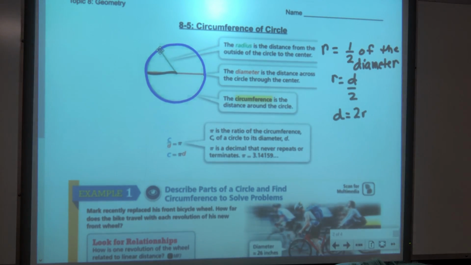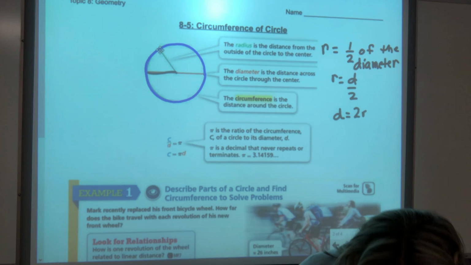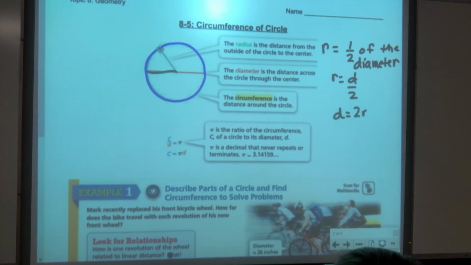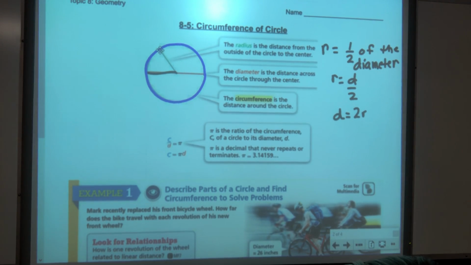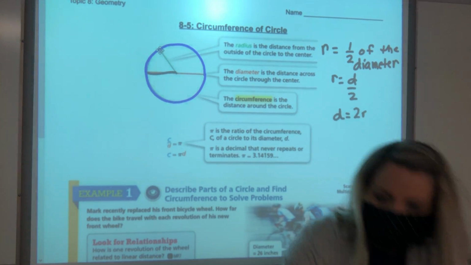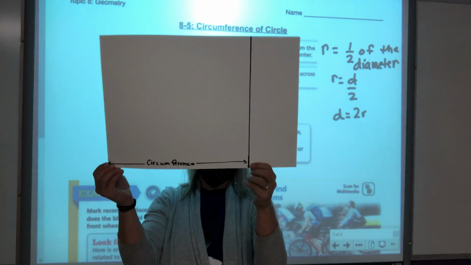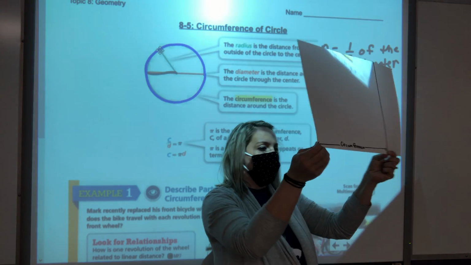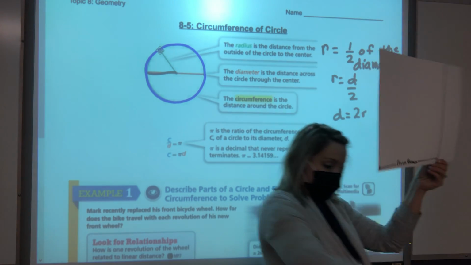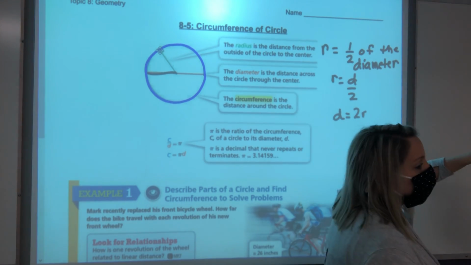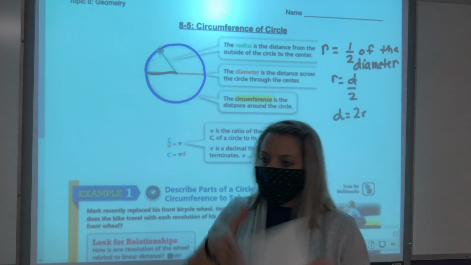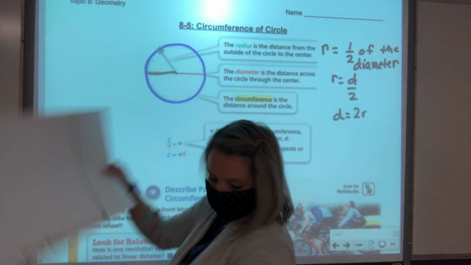So this right here, from here to here, is the circumference of my circle, right?